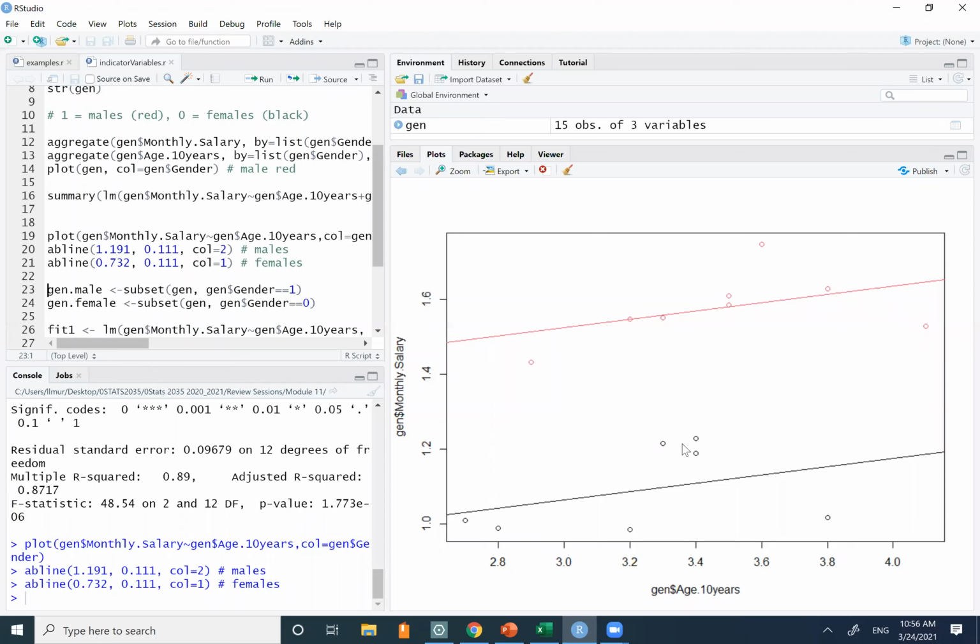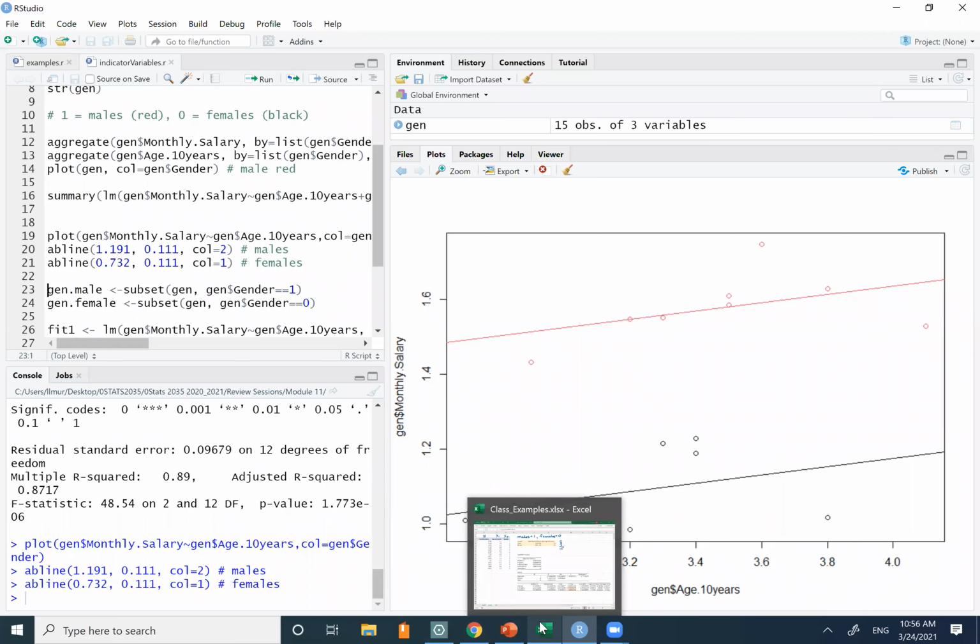And is the difference statistically significant? Well, according to the output in Excel, the gender variable X2 was statistically significant. So this is showing that there is a difference in the salaries.